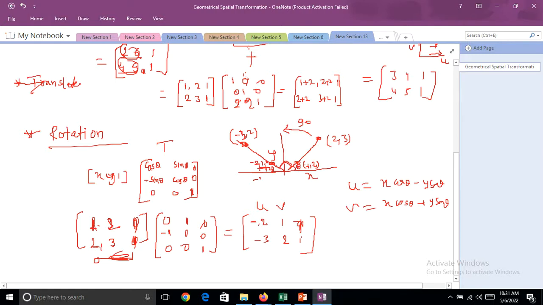I mean here theta is 90 degrees. So multiply that angle to x, minus y into sine theta, then you will get the rotated pixel coordinate u. Similarly, x cos theta plus y sin theta, you will get the rotated pixel coordinate v.